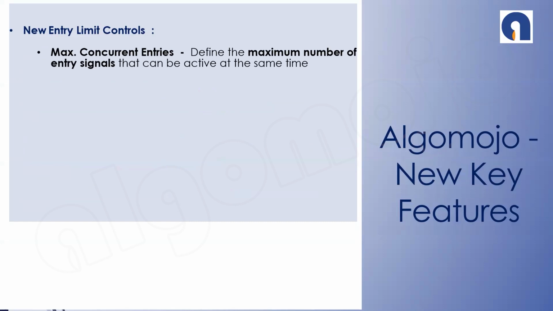Some of the new features that we just launched about a week back or so are that you can limit the number of signals that you want the system to execute. We have seen, especially in environments like Amibroker, where due to repainting kind of issues in the strategies, there will be multiple signals coming in.